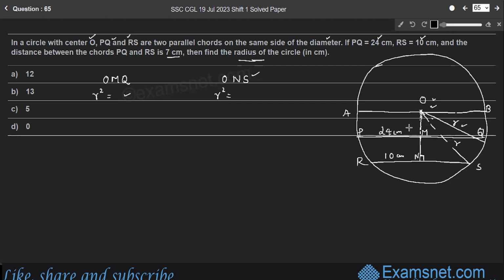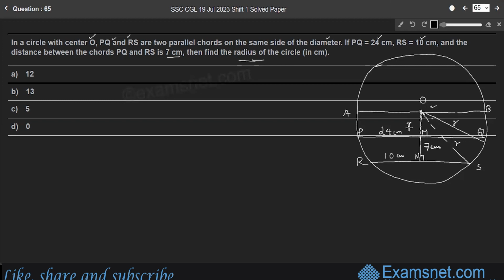Before going to the radius part, the distance between the two chords is given, which is 7 centimeter. MN is 7 centimeter. So we'll consider OM as x centimeter, because for the triangle ONS we need the whole ON part. Therefore, let us consider OM as x.